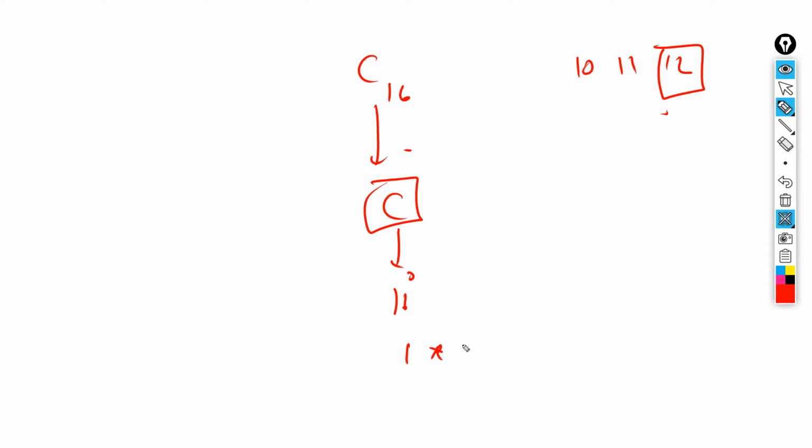Then 1 times 12. This C represents C base 16. In the base 16 hexadecimal number system, C is represented by the denary number 12. Got it?